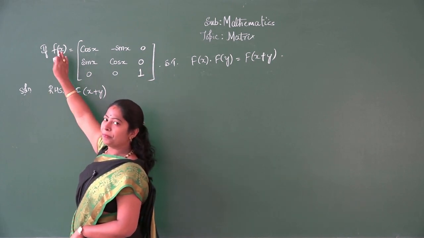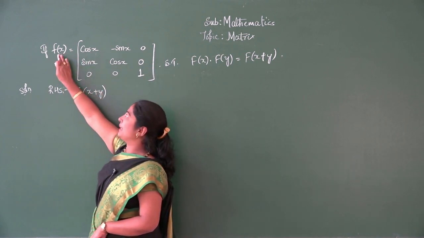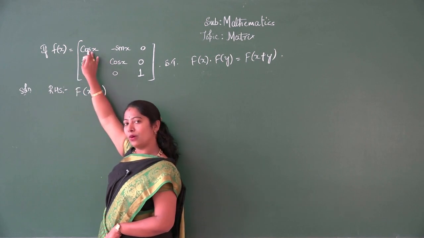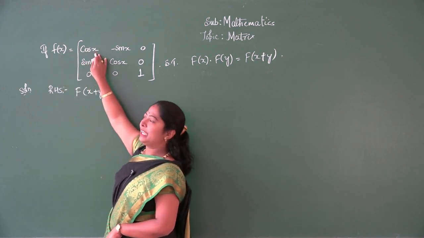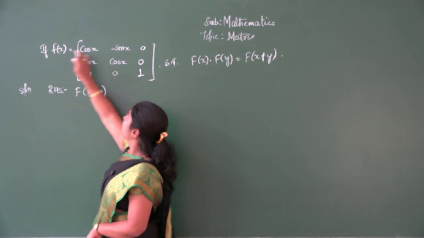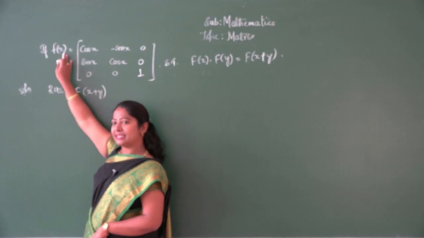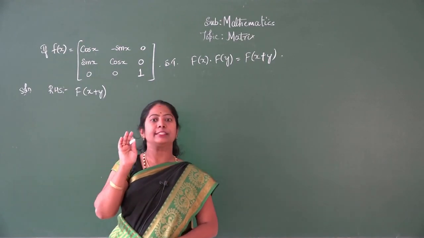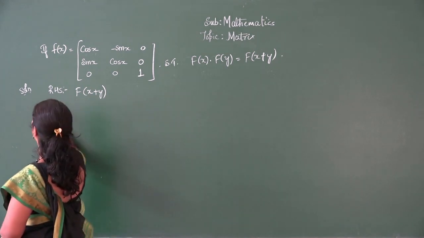I repeat that, f of x is equal to cos x. Similarly, what will f of y be equal to? Cos y. F of x plus y will be cos of x plus y. Similarly, 0 remains as it is because 0 is a constant, and a constant remains as it is. Therefore, what is f of x plus y now?